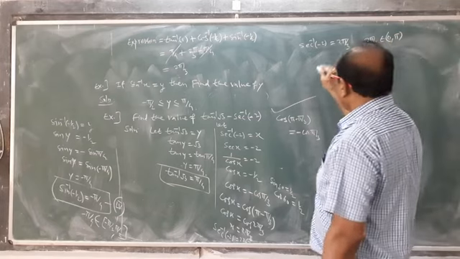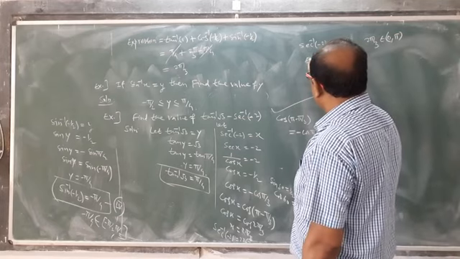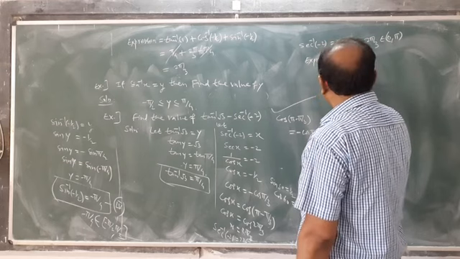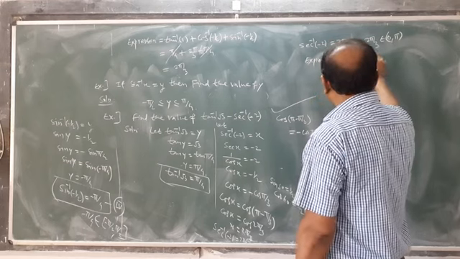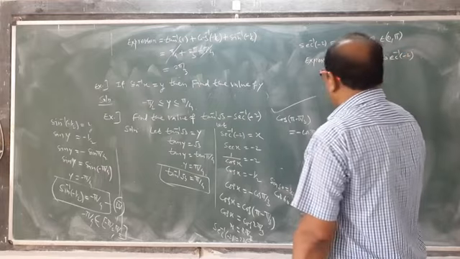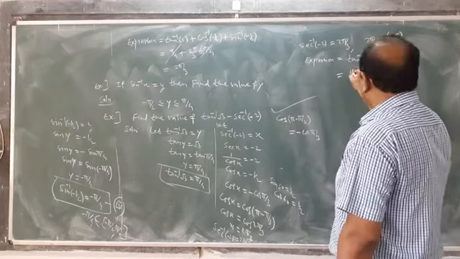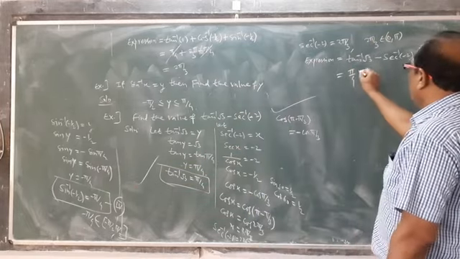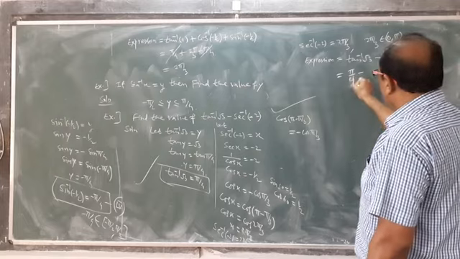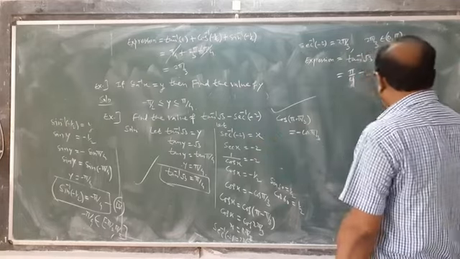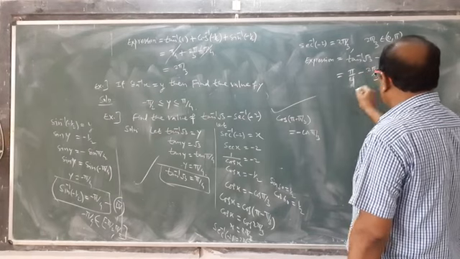Therefore, the expression tan inverse of root 3 minus sec inverse of minus 2 is equal to pi by 3 minus 2 pi by 3.